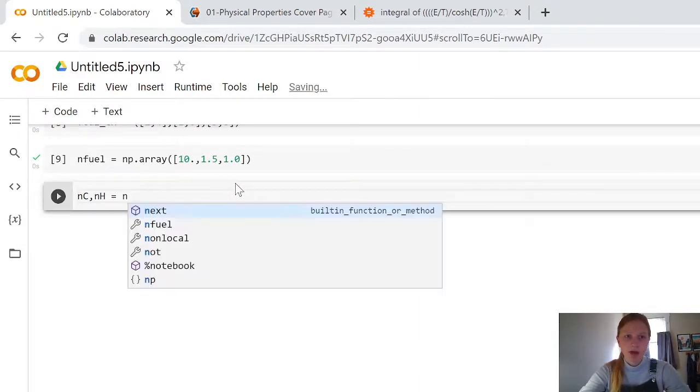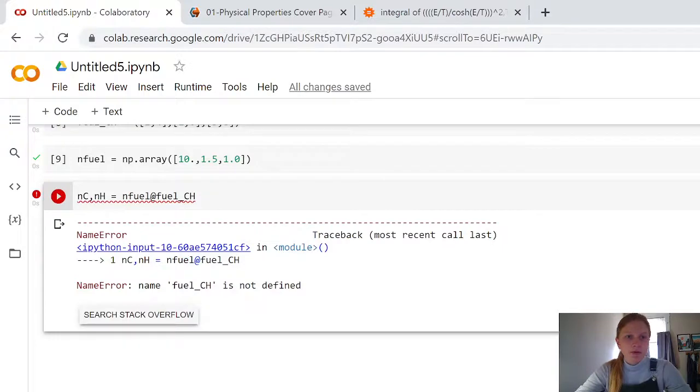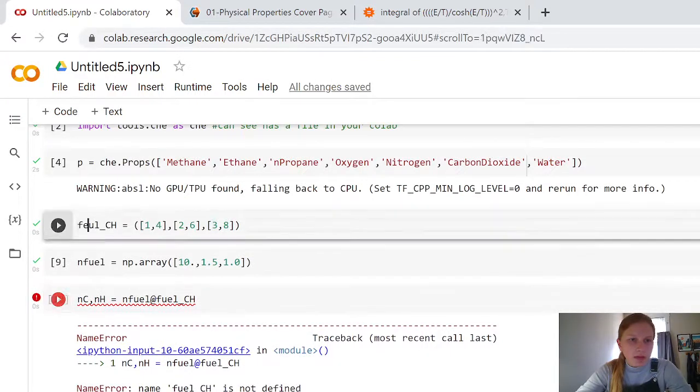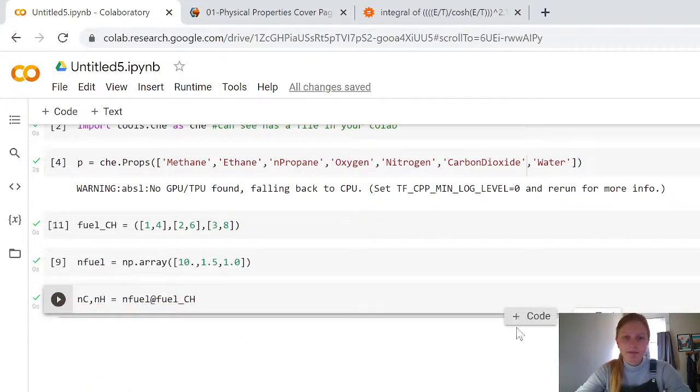So we're going to do N fuel, the at symbol, at fuel underscore CH. Sweet. Oh my gosh. I'm really struggling with this. Okay, better.